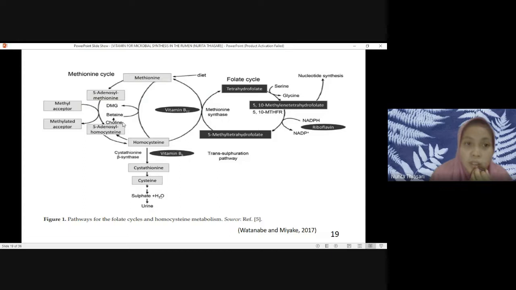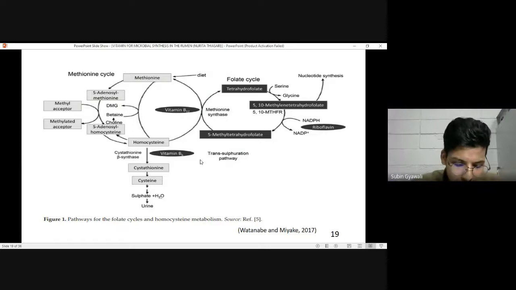And if you see here, there is choline, another vitamin B, in the form of betaine. It is also needed for homocysteine to become methionine. So in my understanding, one kind of vitamin cannot work alone. It needs to cooperate with another vitamin.